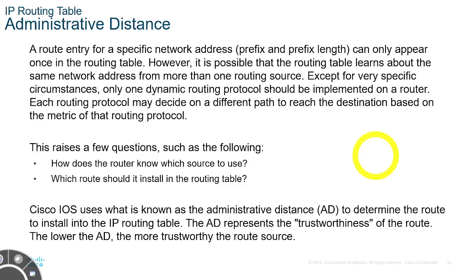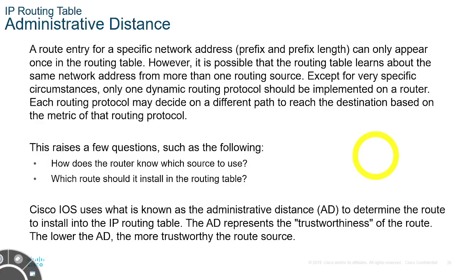And this value, the administrative distance value, represents the trustworthiness of the route. So the smaller the value, the better the route is. Smaller values of AD tell us that this is a really good path to use. Okay, this is administrative distance.